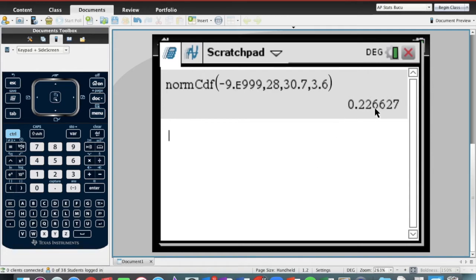And you see that we get the exact same thing that we got previously. This is cutting out the step of having to z-score everything. And again, if you use your calculator in free response, you need to write out this portion with the labels of lower bound, upper bound, mean, standard deviation, or else it won't count.